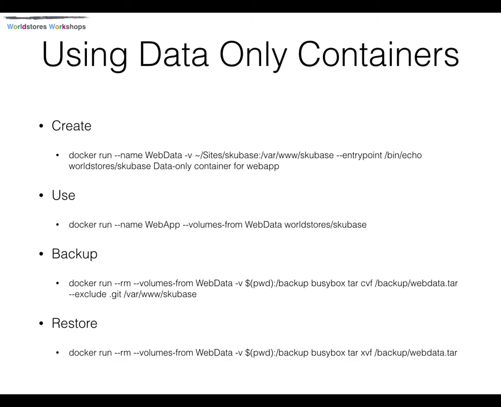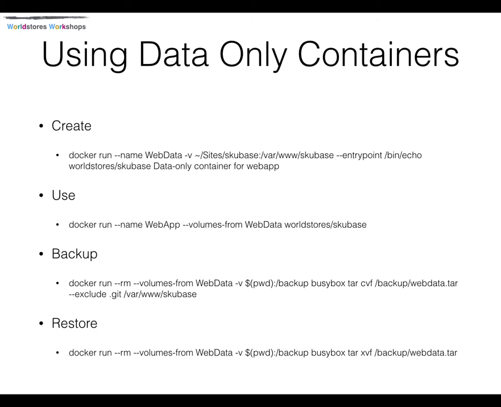To back it up, this is possibly a little bit complicated to begin with, but it's actually very simple. Forget about this query that we've just run, and just imagine that we've got our web data container sitting here. With the volumes from web data, I am going to essentially tar compress up var www SKU-base into backup webdata.tar on the container.